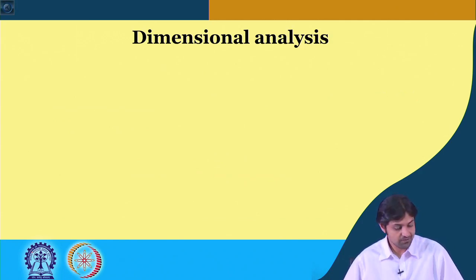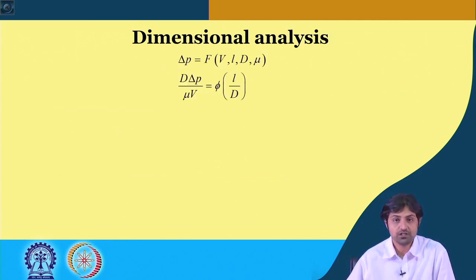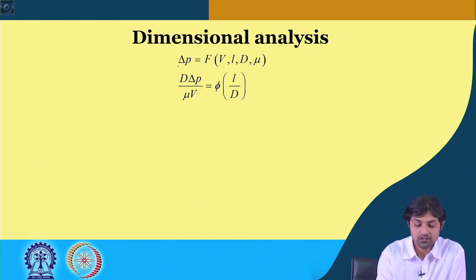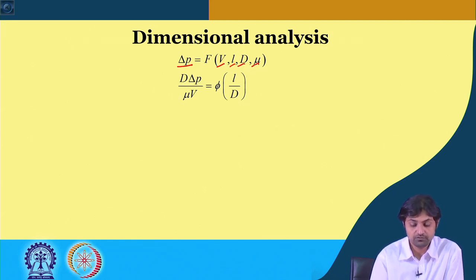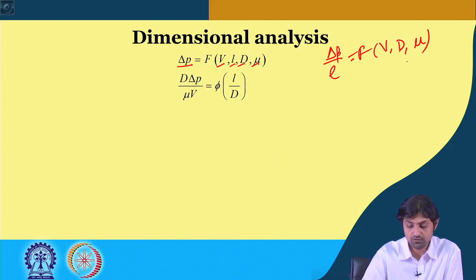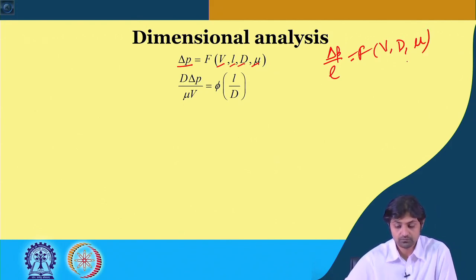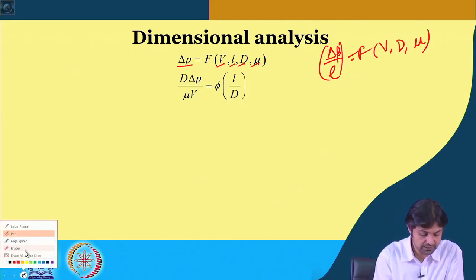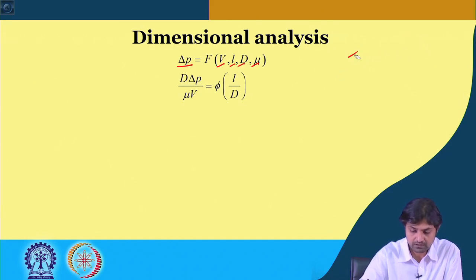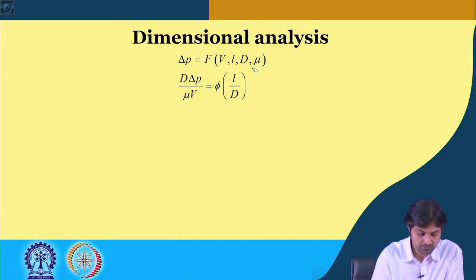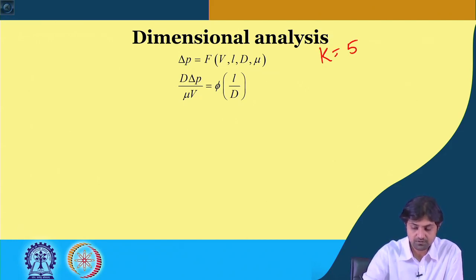Now, the third way I said was dimensional analysis. From your dimensional analysis module, you remember that pressure is a function of V, L, D and mu. All right. So, if we take delta P by L as a function of V, D, mu, K is how much? 5.